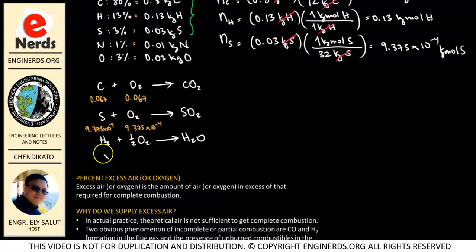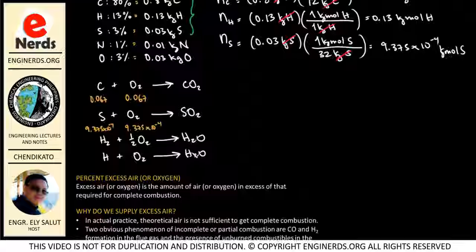So, we have hydrogen reacting with oxygen, producing water. Since we are elemental, let's balance the reaction. We have 2H and 1/2 O2. Now we can use this.